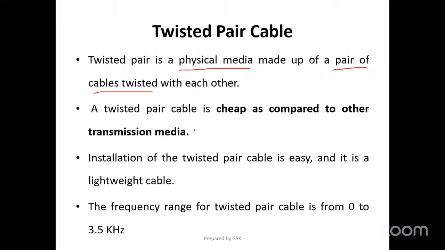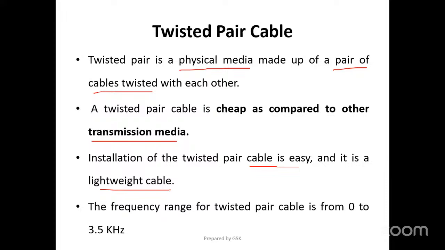A twisted pair cable is cheap compared to the other transmission media. The cost of the twisted pair cable is very low compared to other cables, other physical media like coaxial and fiber optics. Installation of the twisted pair cable is very easy and it is a very lightweight cable.